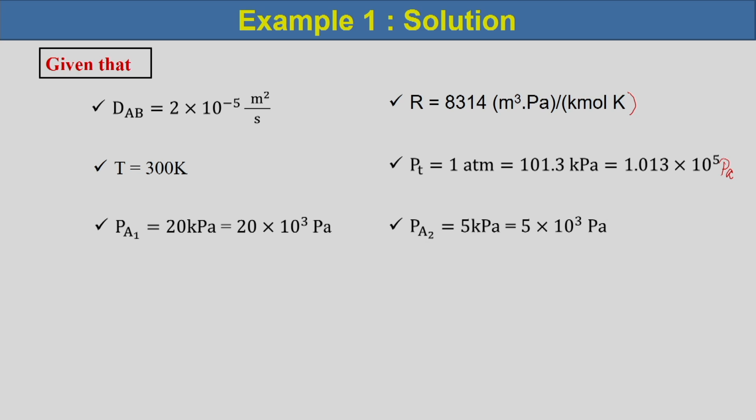PA2 is 5 kilopascal which is 5 into 10 to the power 3 Pascal. A1 is equal to 0.025 meter, A2 is equal to 0.05 meter, x2 minus x1 is 2 meter, the distance between the two ends.